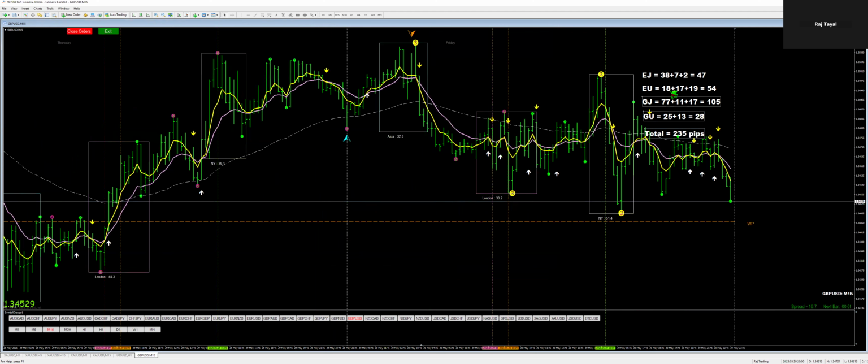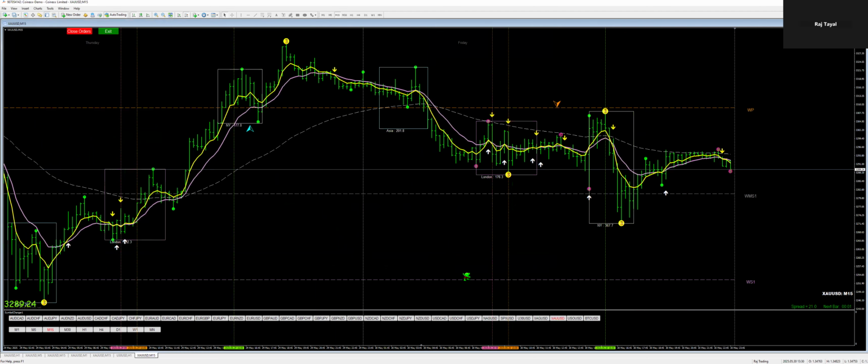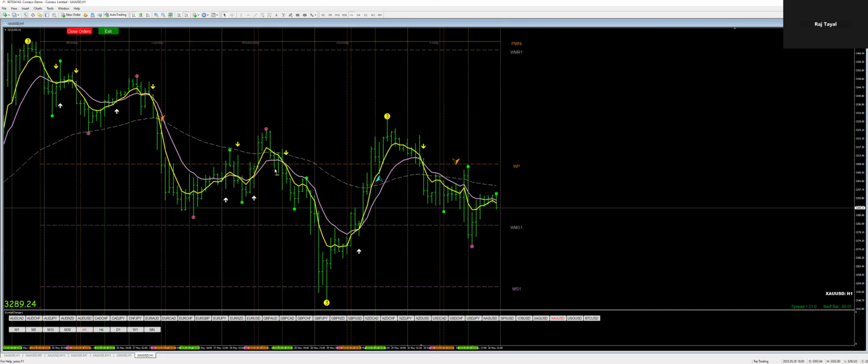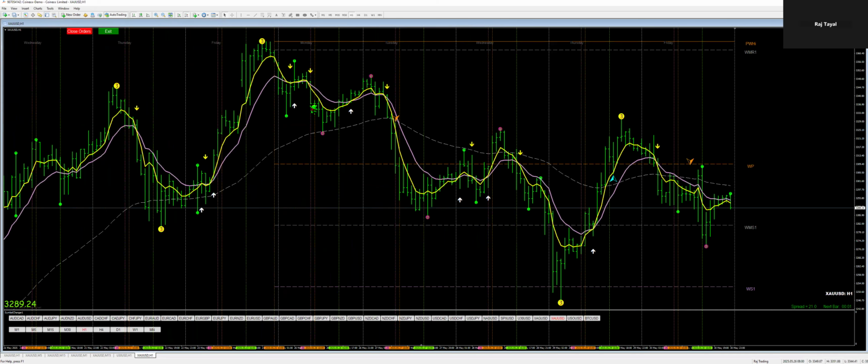Now this whole week I was trading gold. So let's take a look at gold. 1 hour chart. So looking for a short, here's a short. This would have given me 200 pips here.